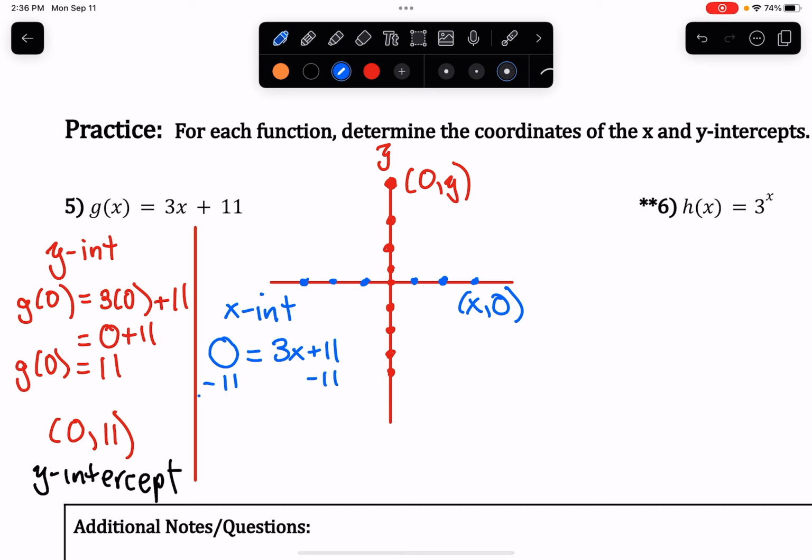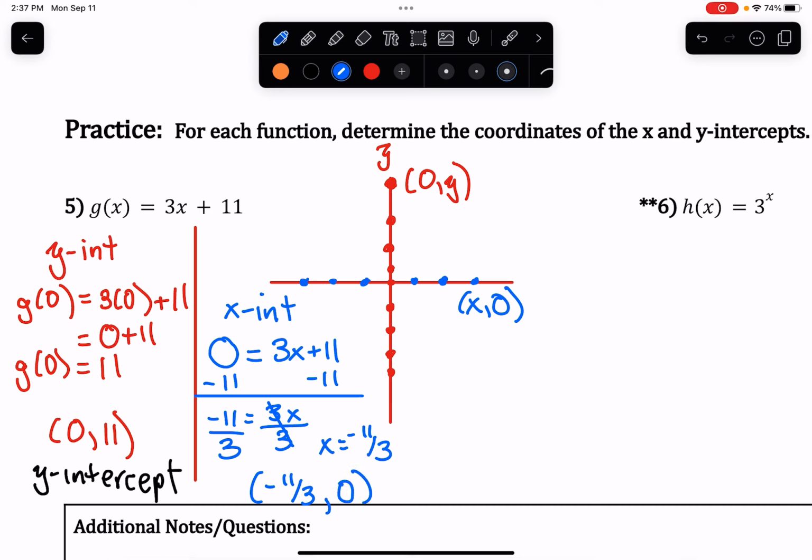This is a little bit more involved because this involves us solving a linear equation. And so we get that x is equal to negative 11 over 3. And so our x-intercept is negative 11 over 3, comma 0. And that's it.